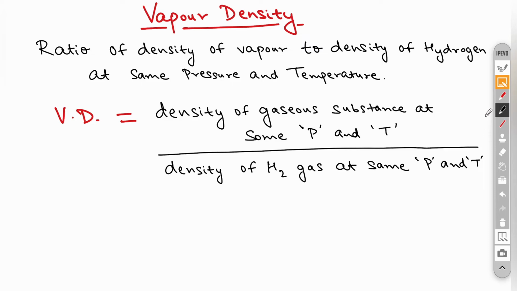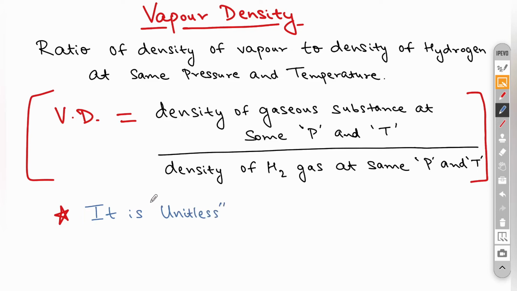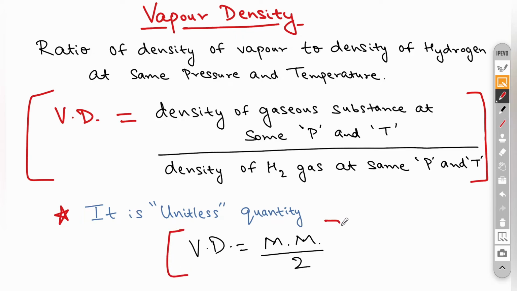Pressure and temperature conditions should be the same to define vapor density. It is also unitless. We will write the formula for vapor density, which is molar mass divided by 2. This is a very important formula. You need to remember it.